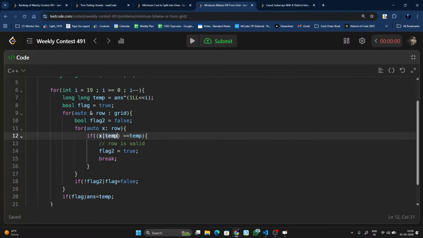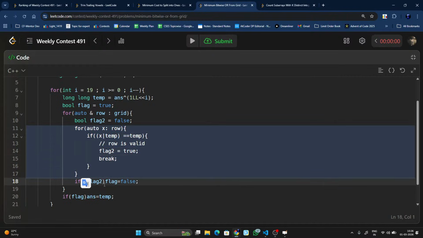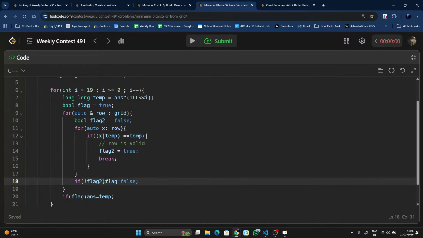If bitwise OR of X and temp is equal to temp, then yes, we have found one element and we will break from that particular row. And then I'm checking, okay, is there an element in this row? If there is no element at all, if my flag 2 is false, that means I have found no element in this row. Then that means no, I cannot turn off this bit.